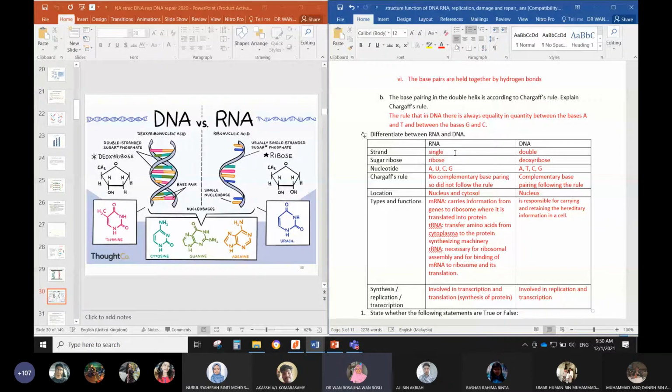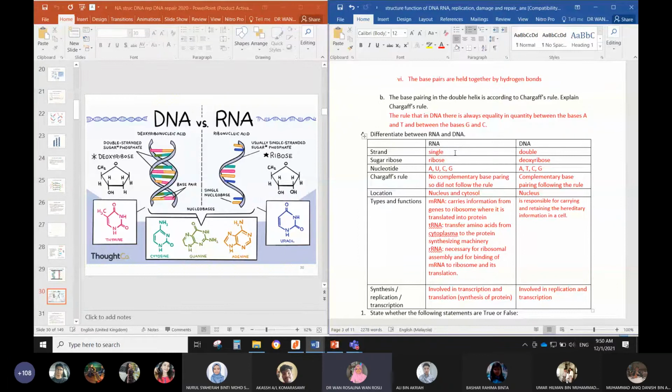RNA is actually in the nucleus and cytosol, and DNA is only in the nucleus because of the function.